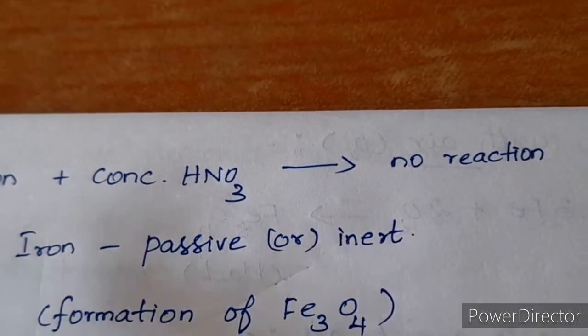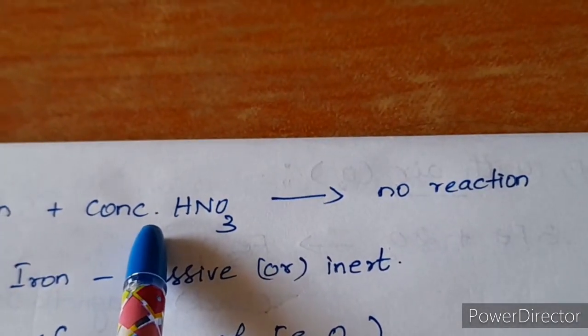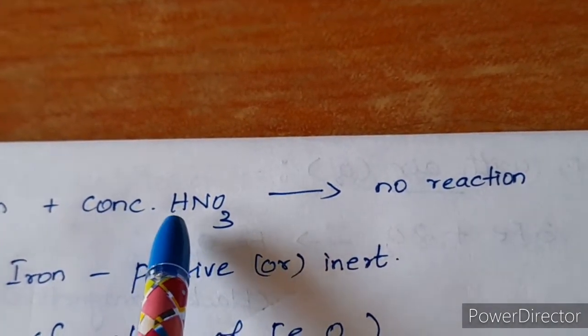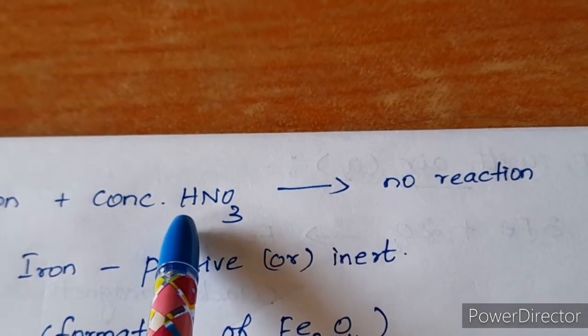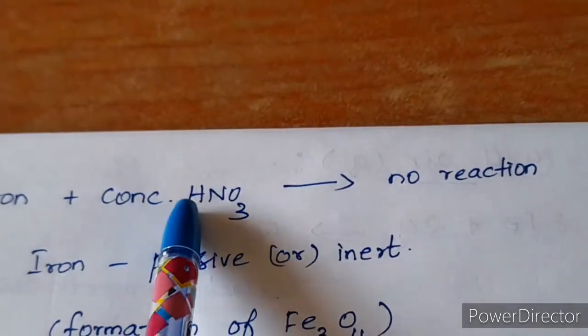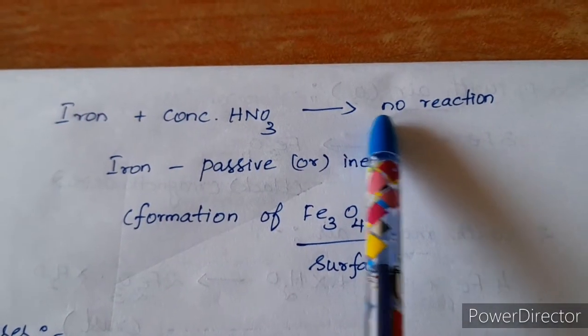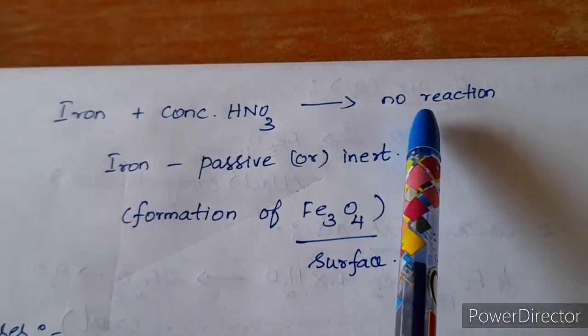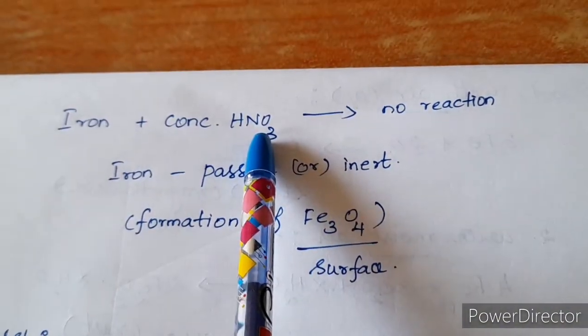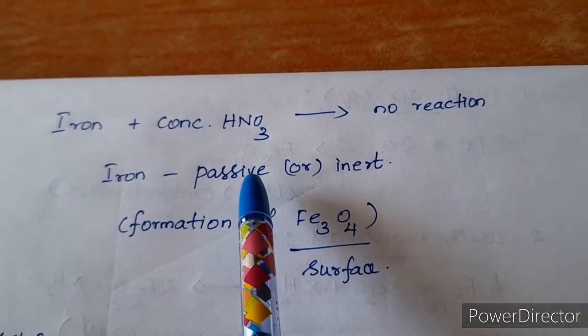Now the next is the reaction of iron with concentrated nitric acid. This reaction is very, very important. This question especially is very, very important. Iron, when it reacts with concentrated nitric acid, doesn't show any reaction, or you can say it is inert towards concentrated nitric acid. It becomes passive. Passive in the sense inert, it does not react.